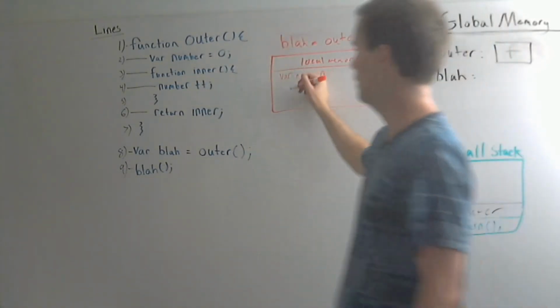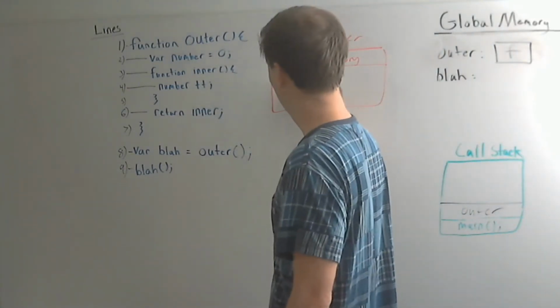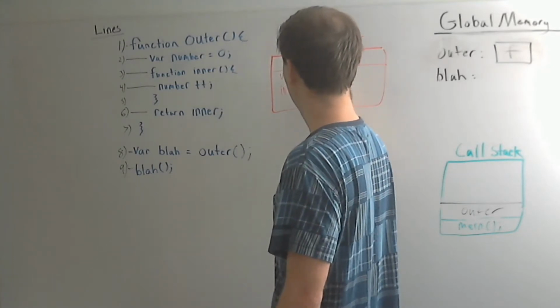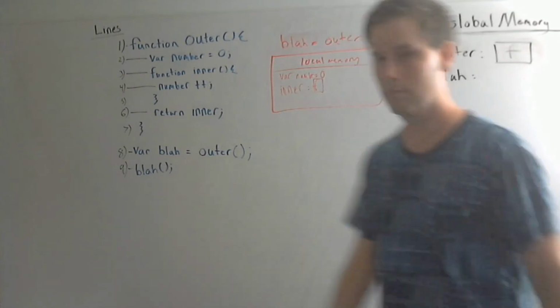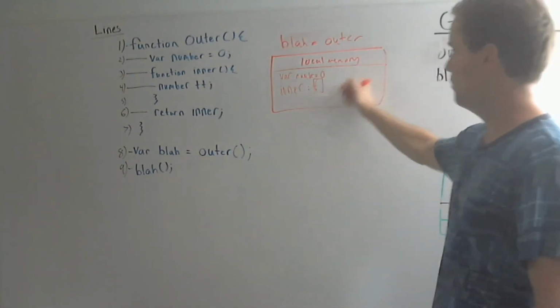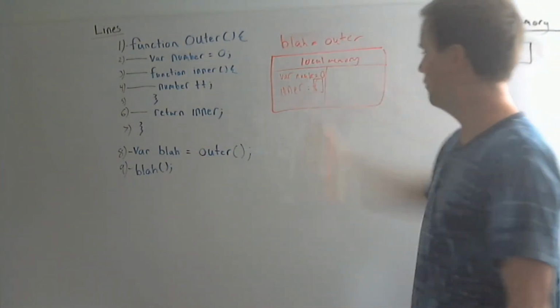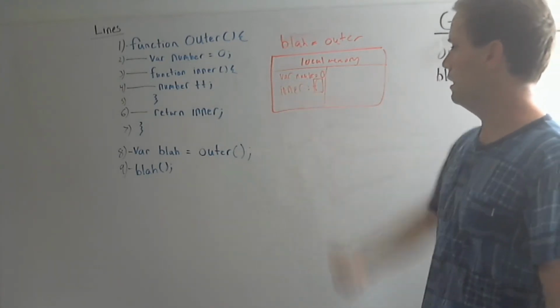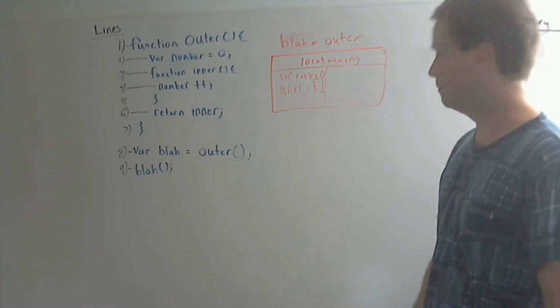And then we're going to be declaring inner as a function, right? We're just in the local memory of the outer function. Variable number equals 0, and inner is equal to a function.